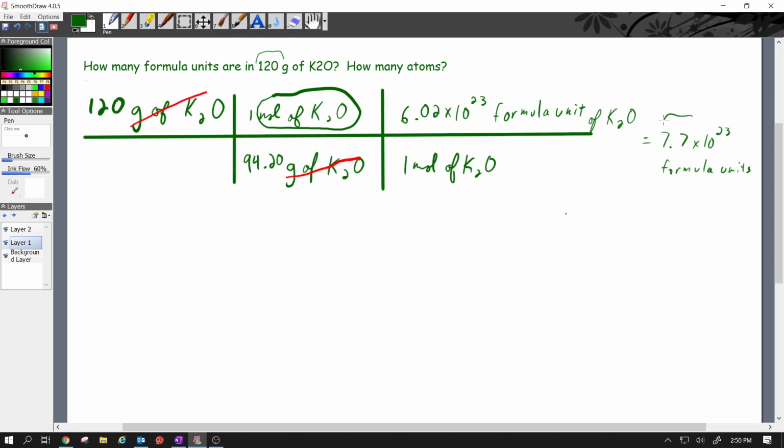Now, this is the answer to the first part, 7.7 times 10 to the 23rd. Should we write it like on here? Yeah, go ahead and write that down. So you have that many formula units of K2O.